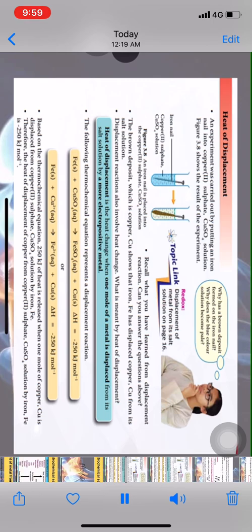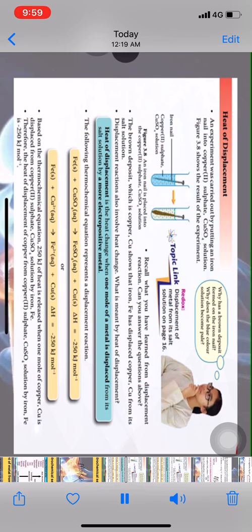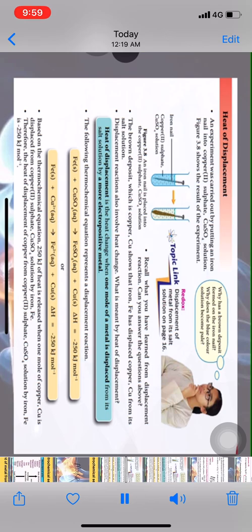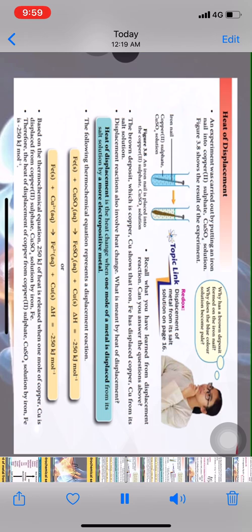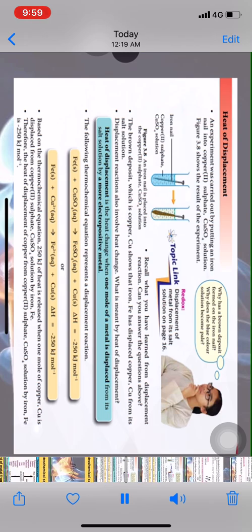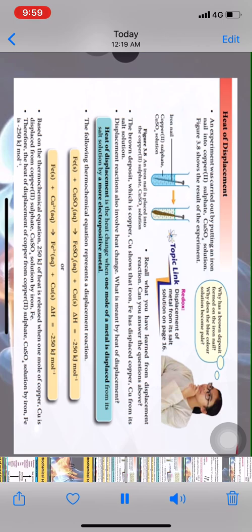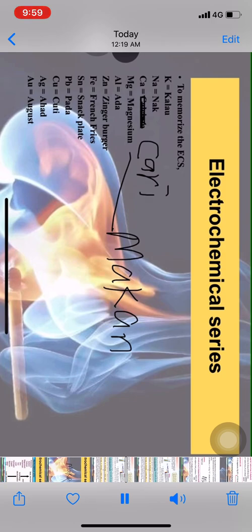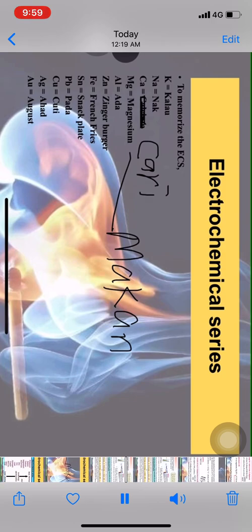When iron is reacted with copper sulfate, the products will be iron sulfate and copper metal. So you see here that iron displaces copper. Why? Back to the electrochemical series, see where iron is and where copper is.